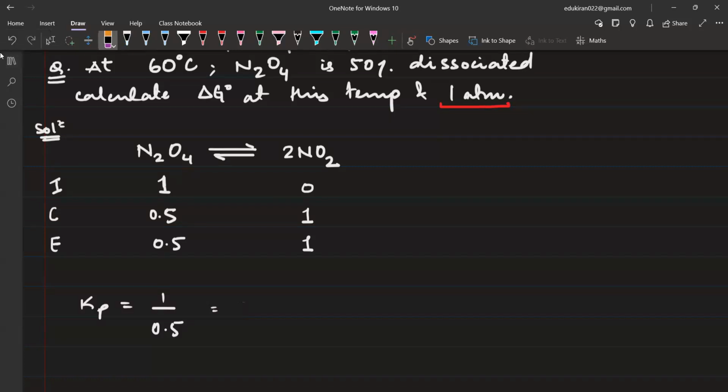At 60 degrees Celsius, dinitrogen tetroxide is 50% dissociated. Calculate the standard free energy change at this temperature and 1 atmosphere. Hopefully 1 atmosphere is the pressure of the gas only. Now whether it is pressure of gas at equilibrium or before equilibrium, that I cannot say.